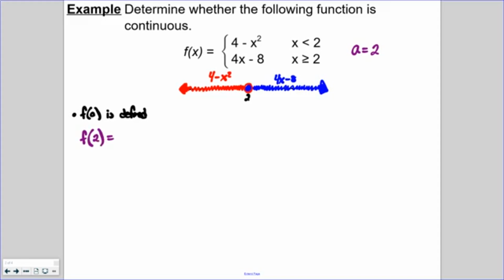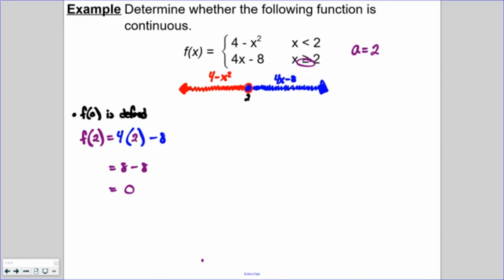Now we just need to figure out which one of the pieces of our piecewise function includes x equals 2. And we can see here that the function that includes x equals 2 is going to be 4x minus 8, so that's what we're going to be plugging the 2 into. So 4 times 2 minus 8. And that's going to give us 8 minus 8, which gives us 0.